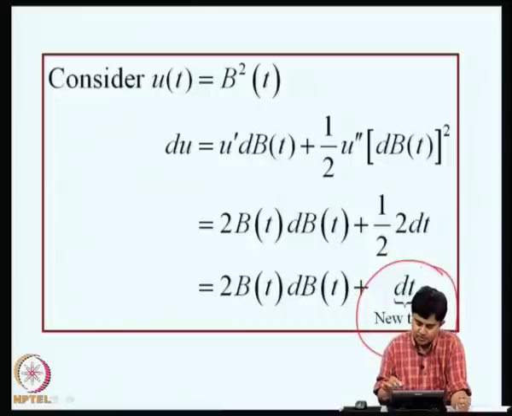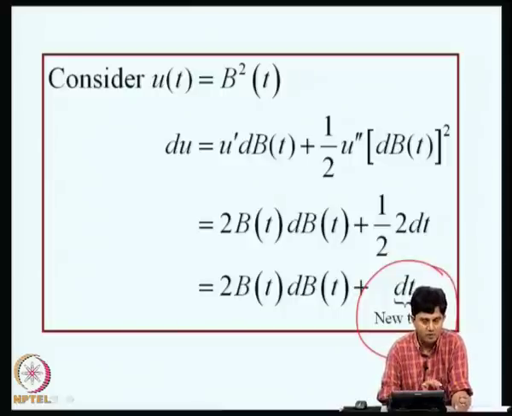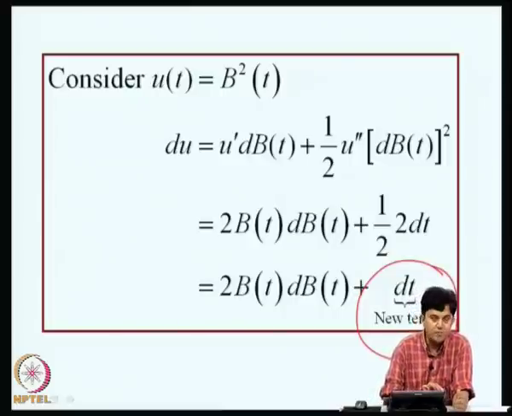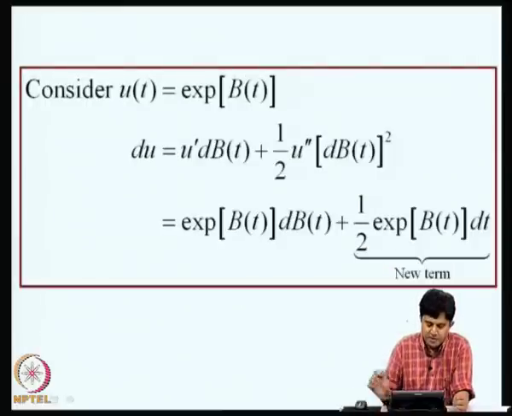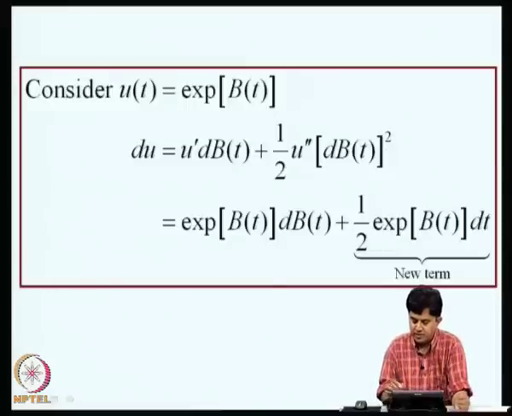So, this is a new correction because of peculiarities of paths of B of t. Similarly, if we consider now u of t to be exponential of B of t, what will be du? u prime dB of t plus half u double prime dB of t whole square. Now, u prime is exponential B t dB t plus half exponential B of t into dt. So, this again is a new term.